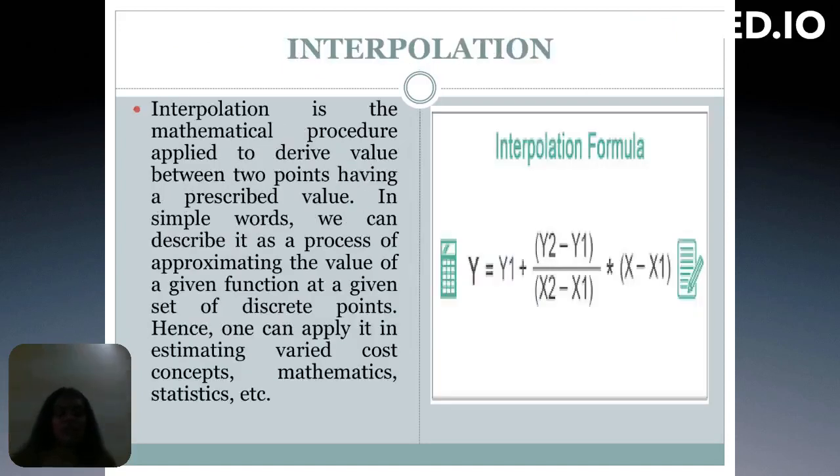So the next topic is interpolation. Interpolation is basically a mathematical procedure which is used to derive a value between two points, which have a prescribed value.